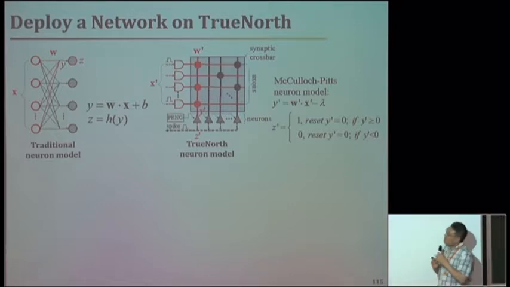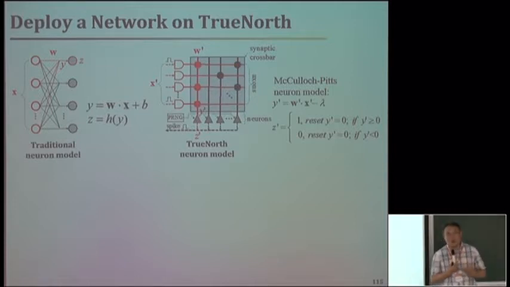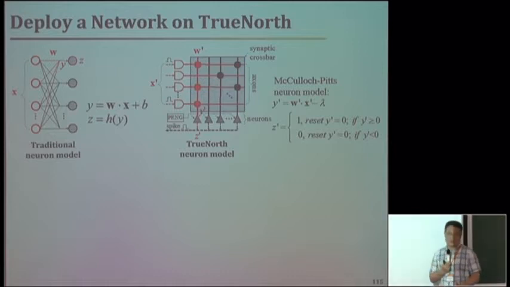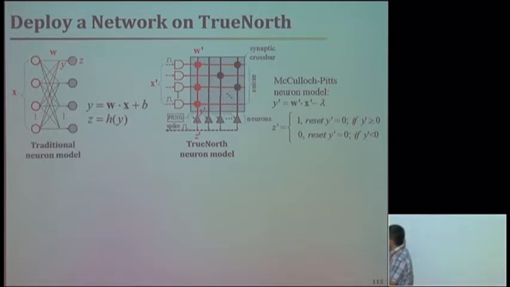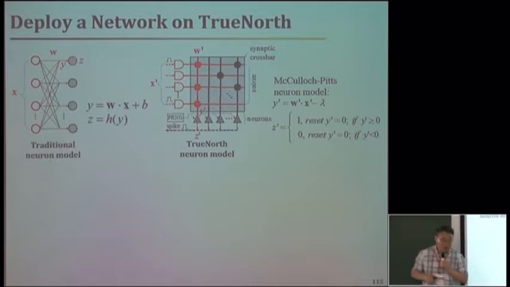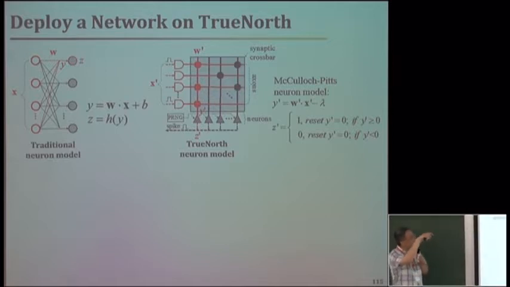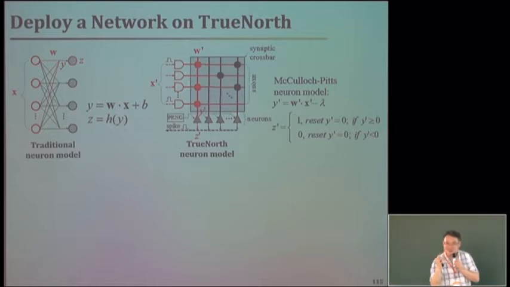Okay. But when you think about deploying the well-trained neural network down to the TrueNorth, you immediately know we need to lose something, right? Because we cannot convert floating point down to integer and still keep the same accuracy. That's for sure. But how do we lose accuracy? So here's one example. Let's take a traditional neural model. We have the input neurons, output neurons, and some connections that connect those neurons.